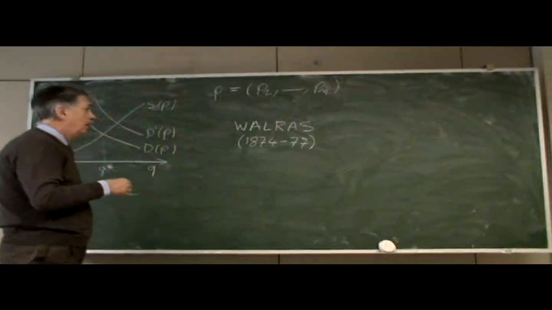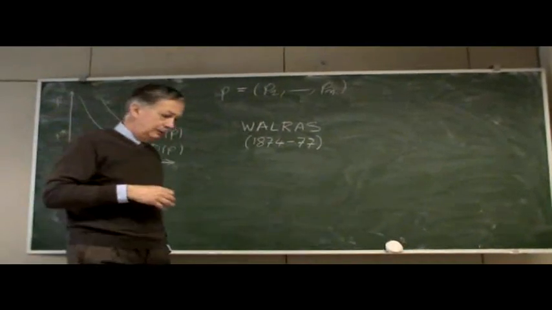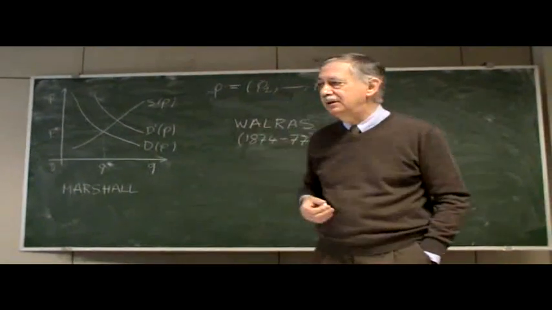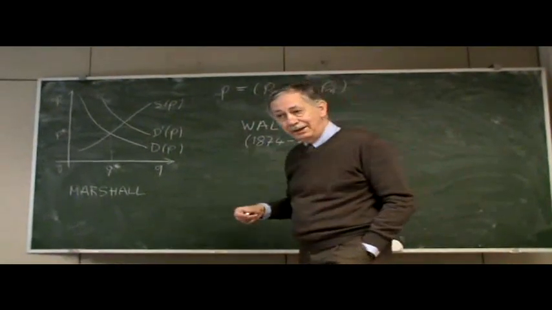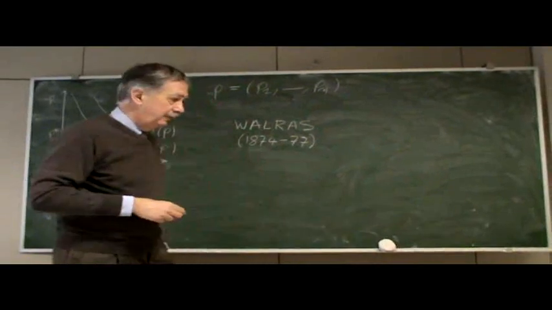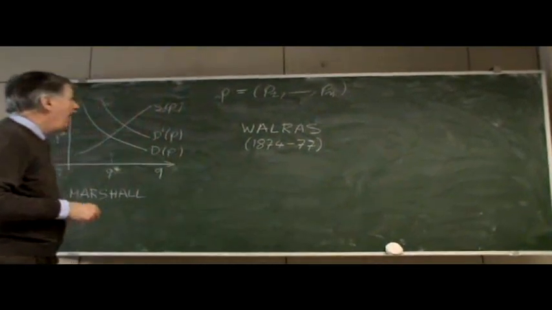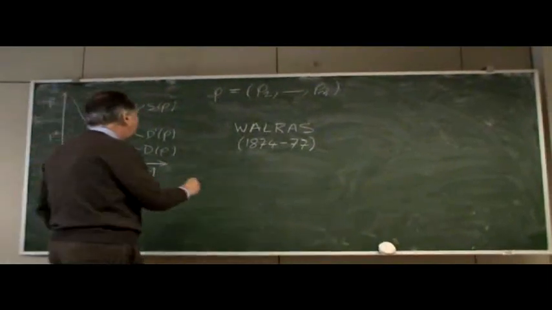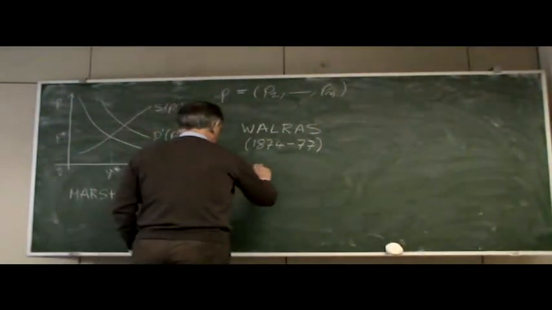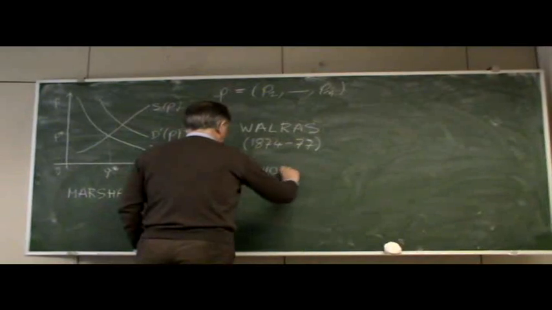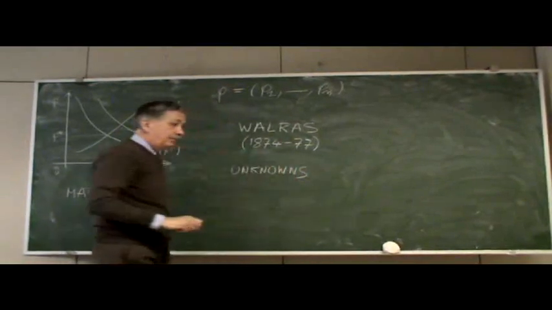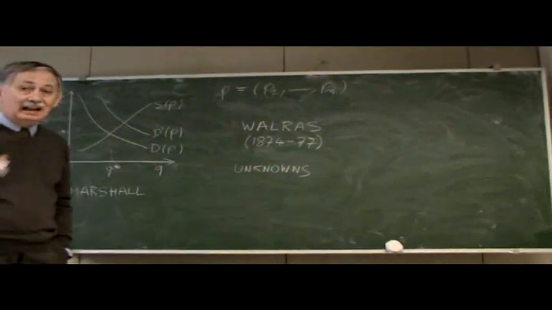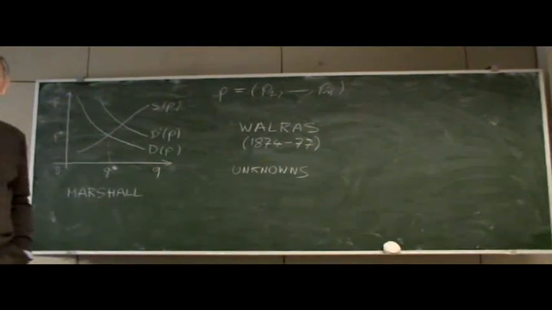Walras wrote this system of simultaneous equations, based on the interdependence of the various markets, and found that the number of unknowns present in this system is exactly equal to the number of equations.